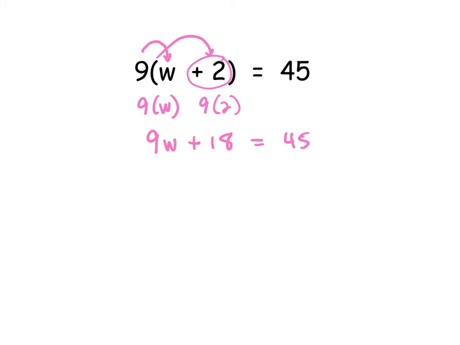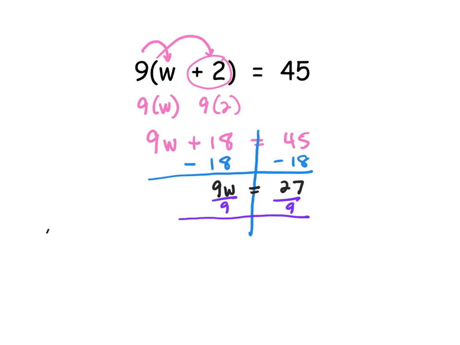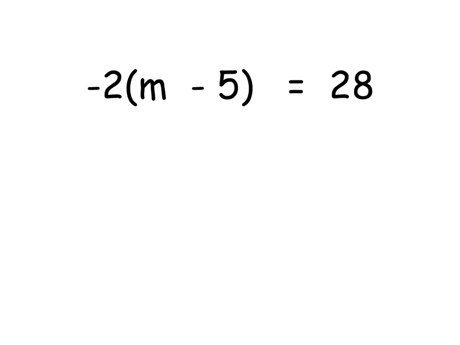What is the solution after we completely solve this two-step equation? The solution to this equation would be w equals 3 after we subtract 18 from both sides and divide by 9. Let's go on to our final equation.